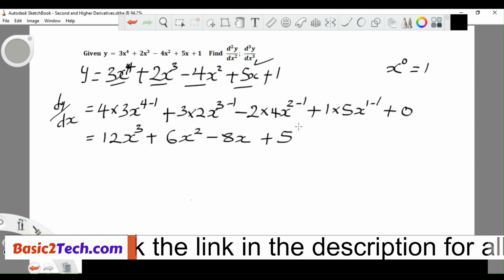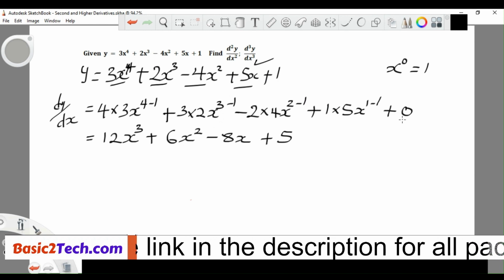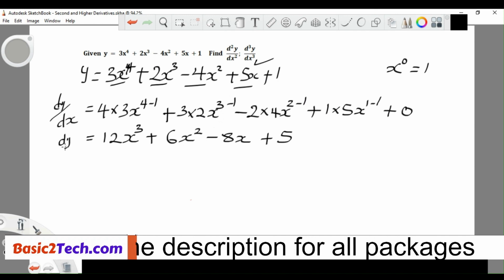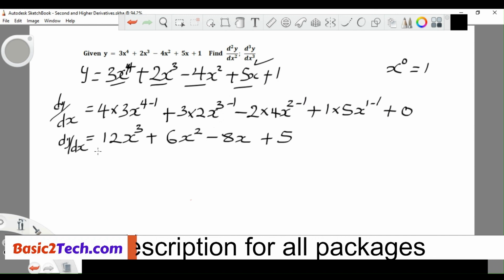So 1 times 5 is 5, plus 0 is 0. Okay, so this is our first derivative.